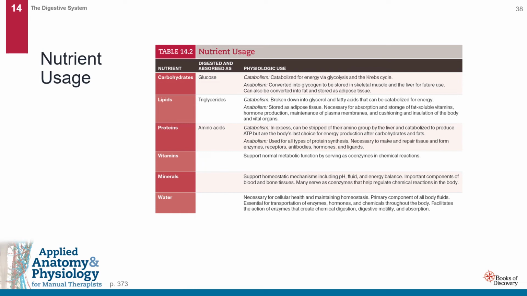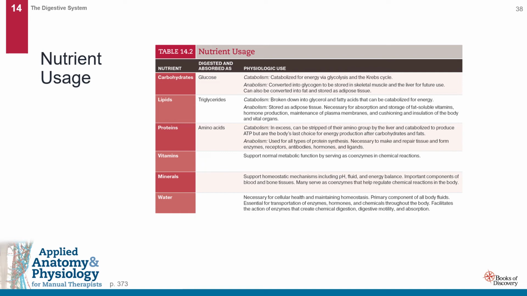Next, we have proteins. Proteins are digested and absorbed as amino acids. They can be stripped of their amino group by the liver and catabolized to produce ATP, but are the body's last choice for energy production after carbohydrates and fats.